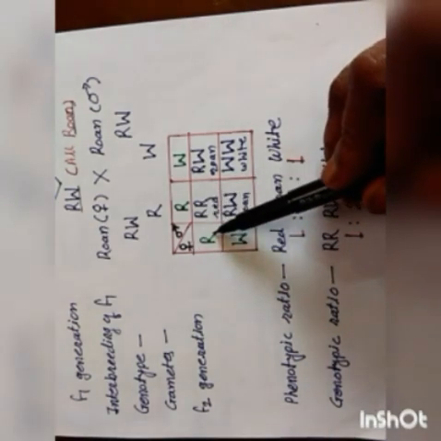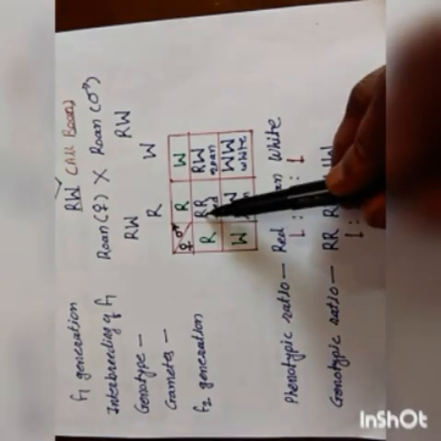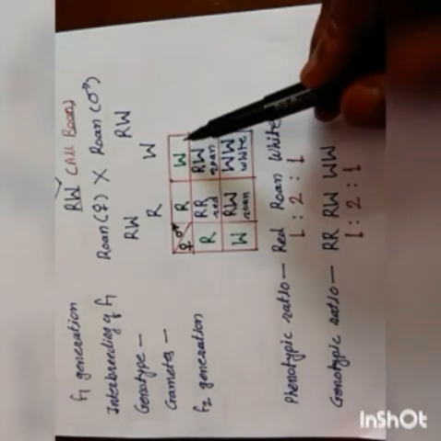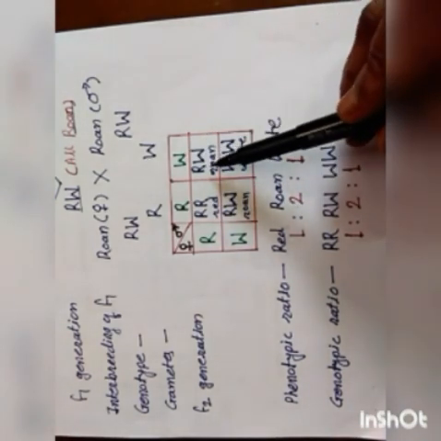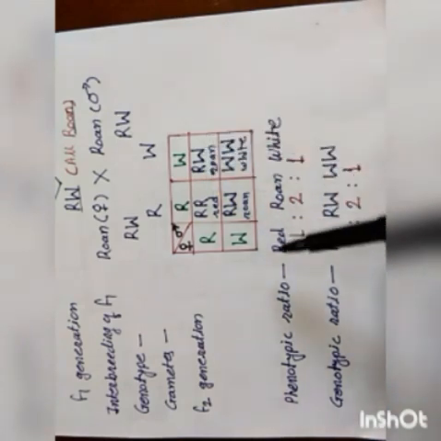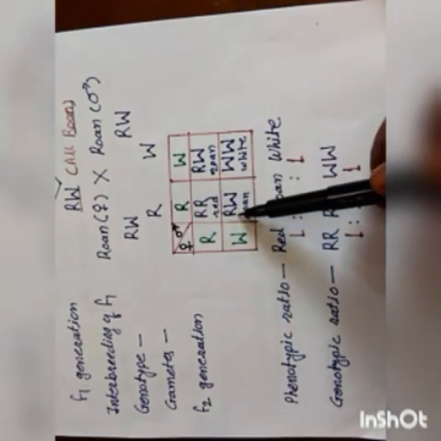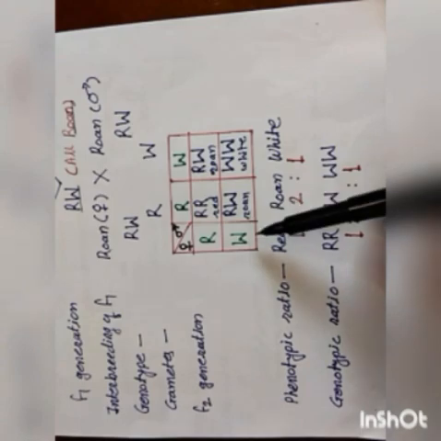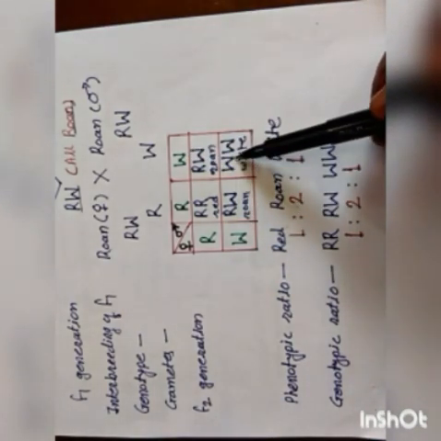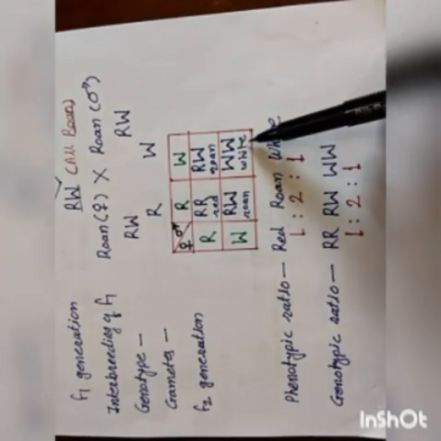Then when this capital R unites with this capital R, a progeny is obtained with the capital R allele. Then this R unites with this capital W, then progeny with capital R W is obtained. This capital W unites with this capital R, progeny with capital R W is obtained. Capital W unites with capital W, then the progeny with the capital W allele is obtained in the F2 generation.